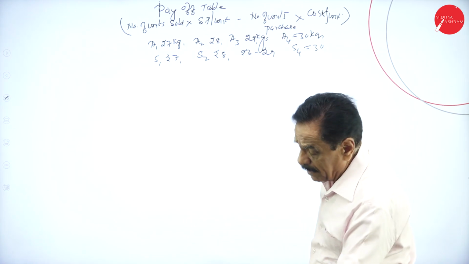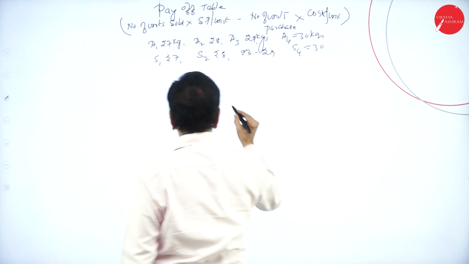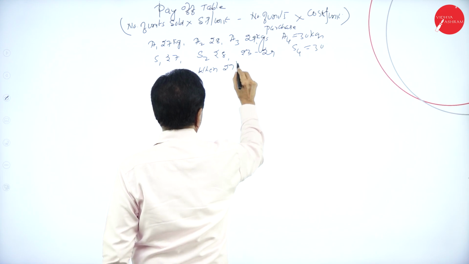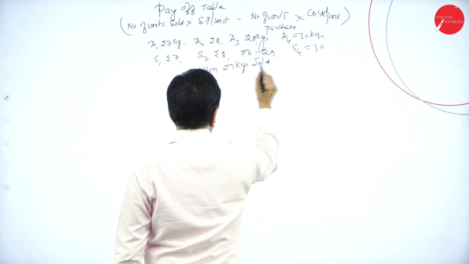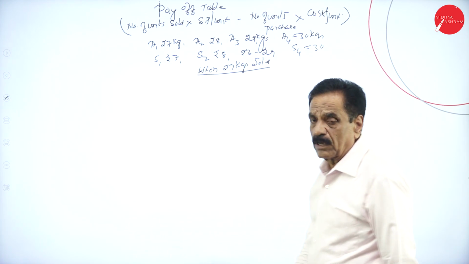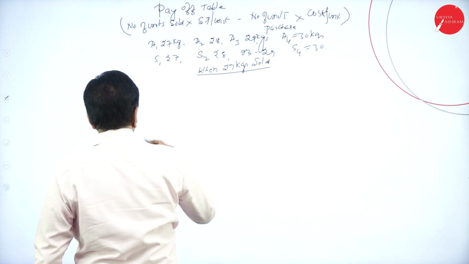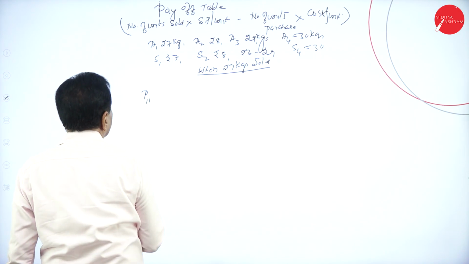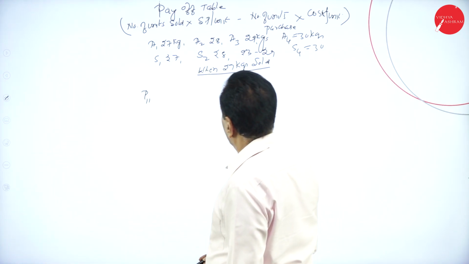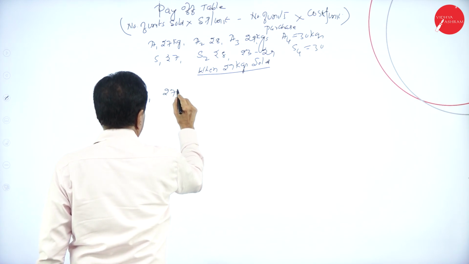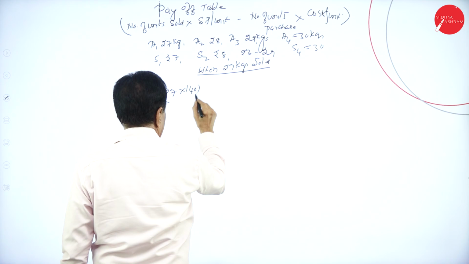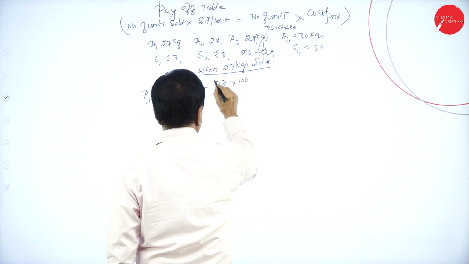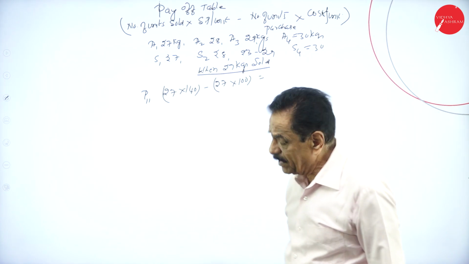Now I will write the payoff table. When 27 kg sold, first P11: how many kgs sold? 27 multiplied by 140 minus 27, your cost price is 100. That you are going to find.